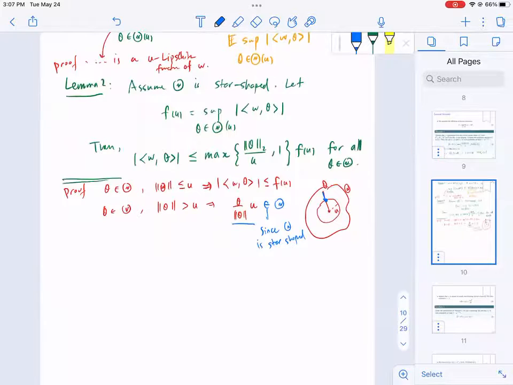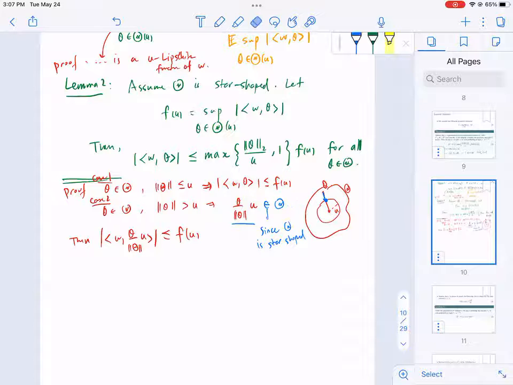Now I can apply the result. So case 1, case 2. Then I know that W of theta over norm theta times U is going to be less than f(U), because this is inside Theta and also inside the ball, so it is in Theta intersect U B2.